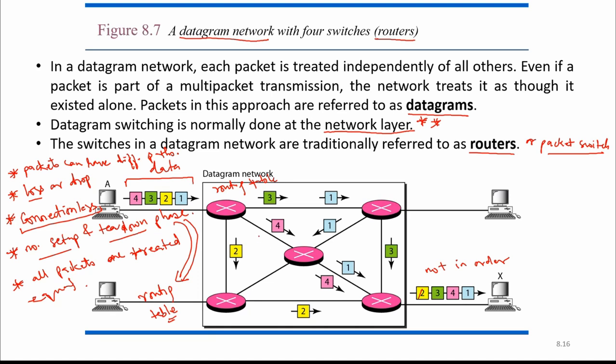As it is not going to establish a connection, the packets are delivered from the source to the routers, and the routers must switch these packets in some direction, which is decided by the routing table. As there is no setup, there are no source and destination addresses stored at the switches. That's why a routing table is required to give a direction to the packets coming from the source to the destination.